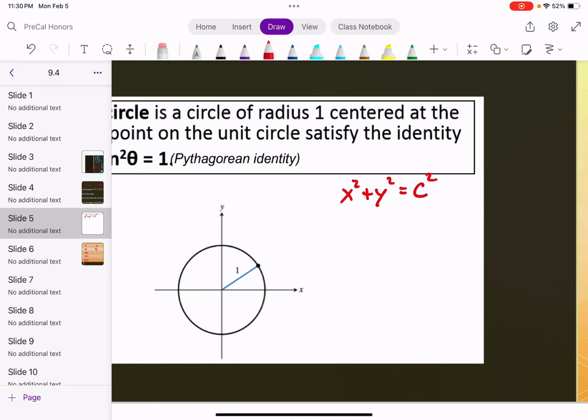And that is the same thing as cosine squared theta plus sine squared theta is equal to 1. Now notice that radius will always be 1, and we would actually be able to start figuring out what this is, because remember, this would be our x, this would be our y.